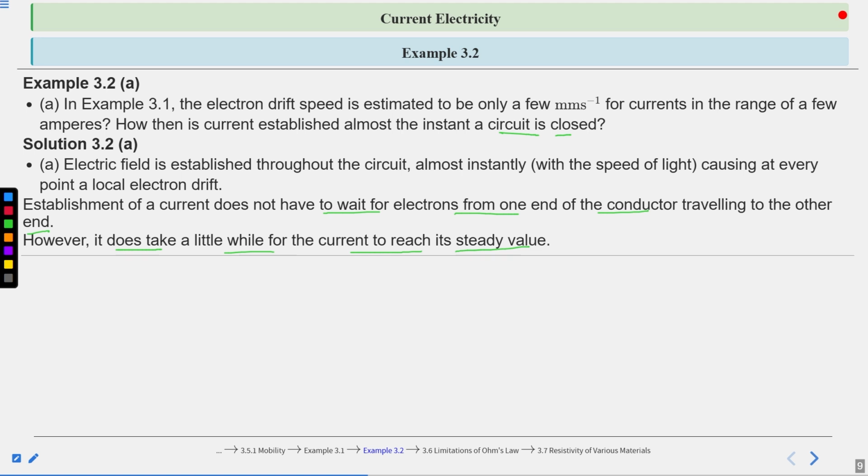So before getting to a steady value, it will increase. So current will establish but become steady after a little while. It will not get steady at that moment, but it will take very little time. At the instant when we close the circuit, current is established but not at a steady value. It will increase to a certain limit, say from 0 to 5 ampere, going 0, 1, 2, 3, 4, 5 in a very short time. It will not go from 0 to 5 at that instant only.